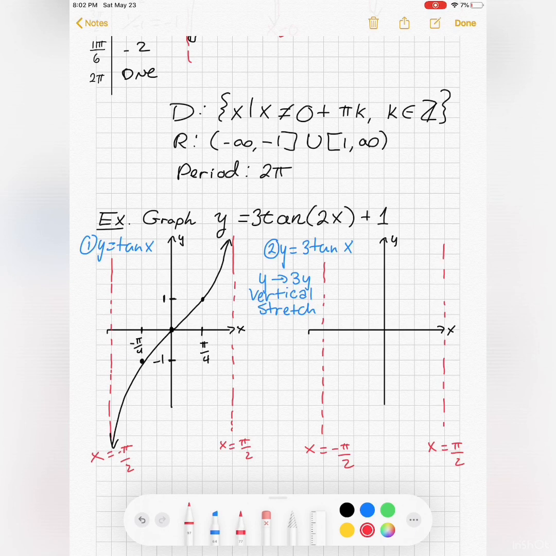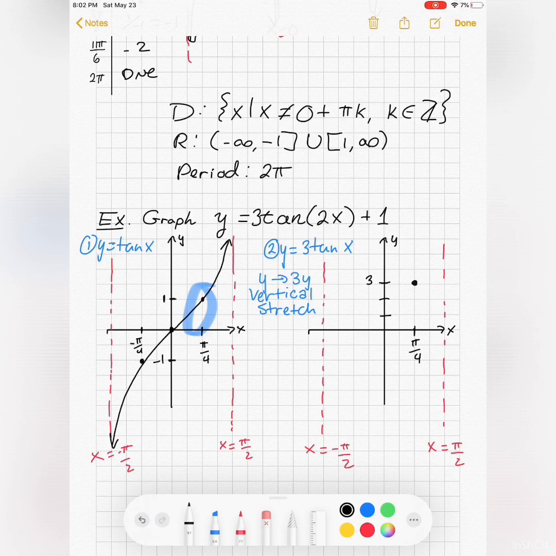Okay, so my point that's here at pi fourths, 1 is now going to be at pi fourths, 3. So if I want to keep the same scale, I can put it up here. Okay, I don't know if I want to do that. It's going to get a little big. Let's do the scale 1, 2, 3 now.